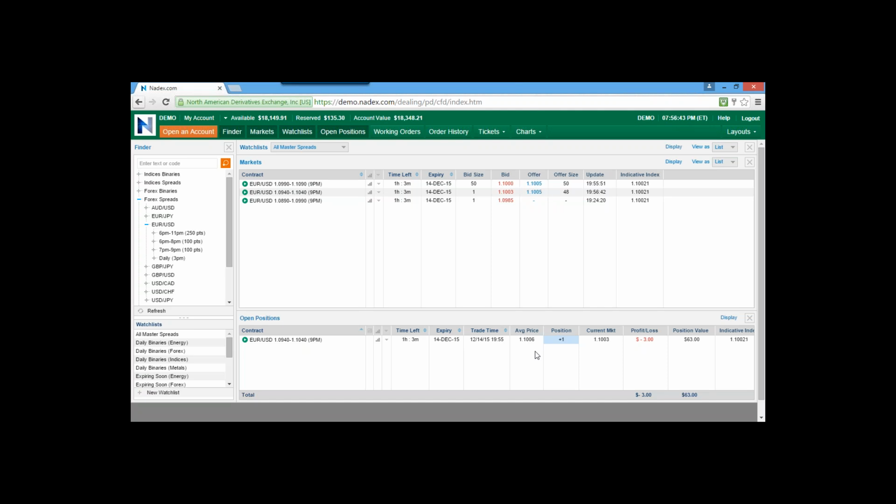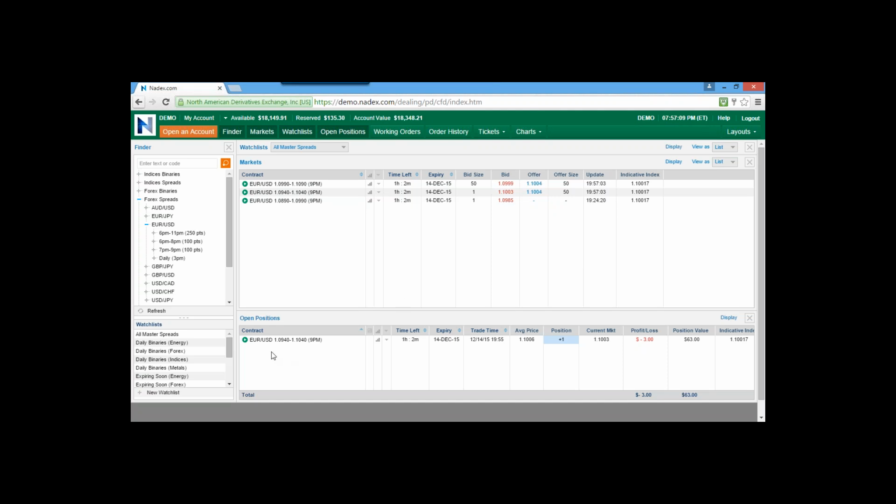Correct? If I buy it for 1006, but I want to make 20 bucks, that means I got to be able to sell it back for 1026. Well, what can I sell it for right now? 1003. Right? So I can't sell it for 1026 just yet, can I?